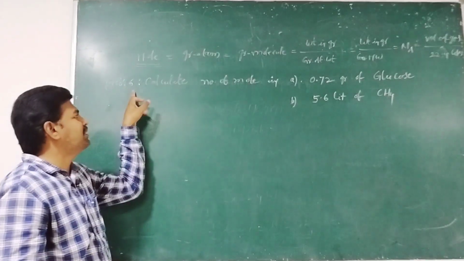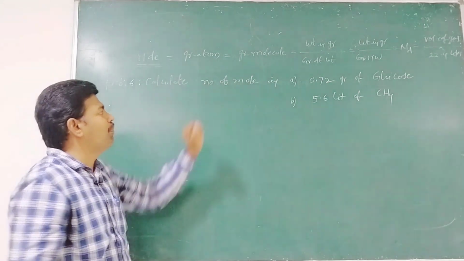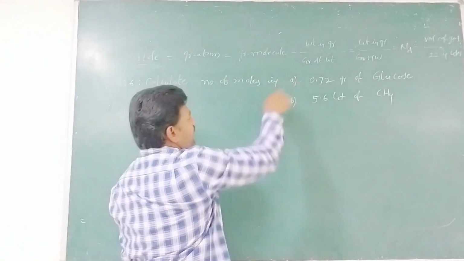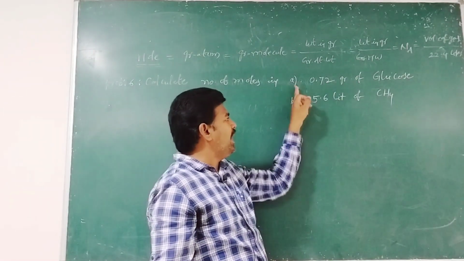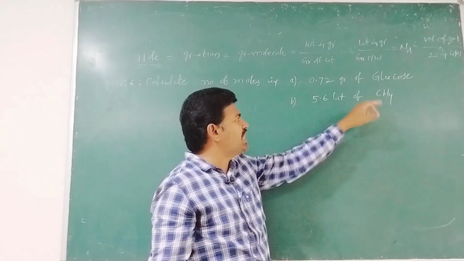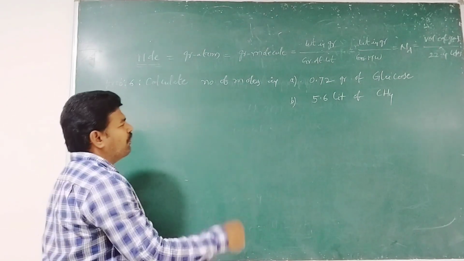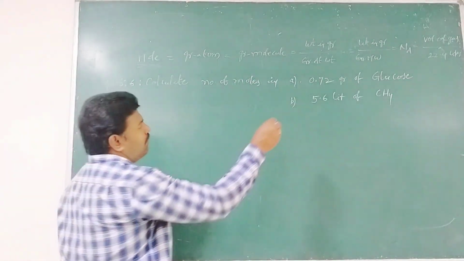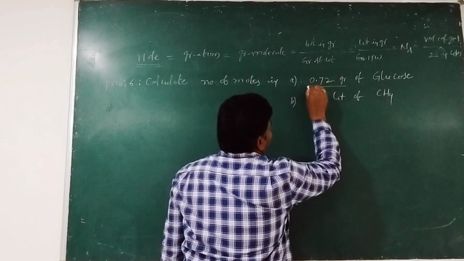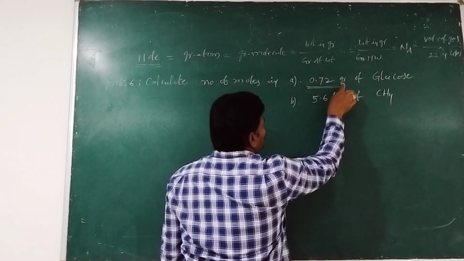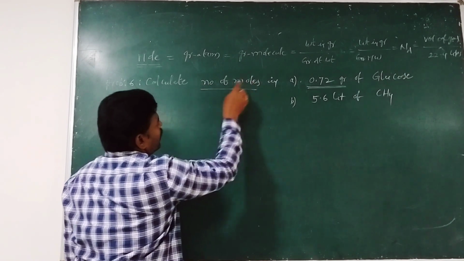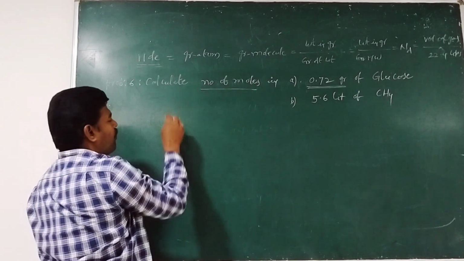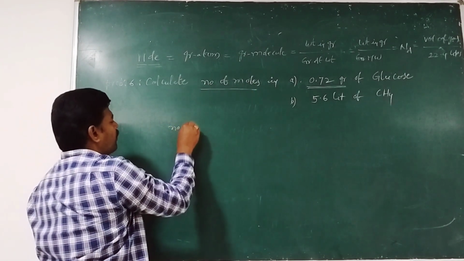Problem 6. Calculate the number of moles in 0.72 grams of glucose and 5.6 liters of CH4. Okay, we know here what they have given: 0.72 grams. And what they asked is to calculate the number of moles.